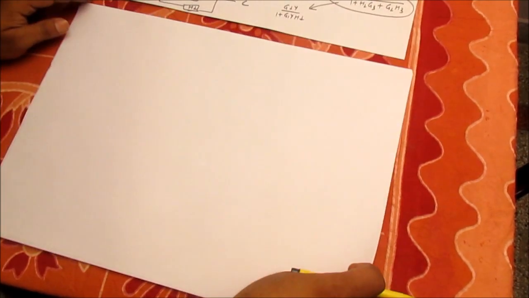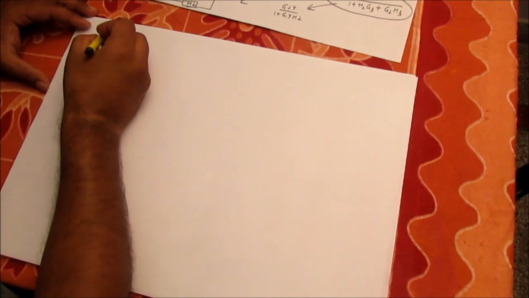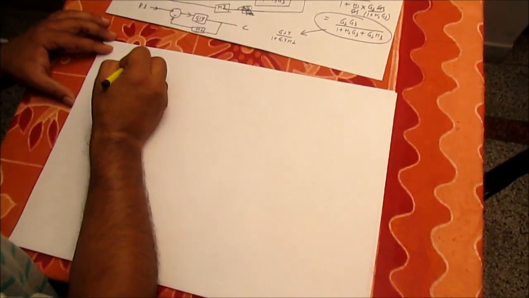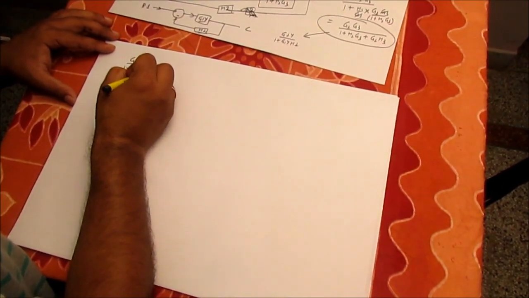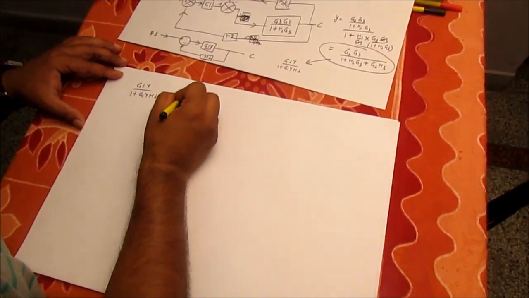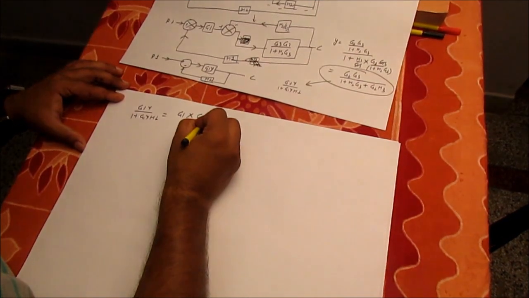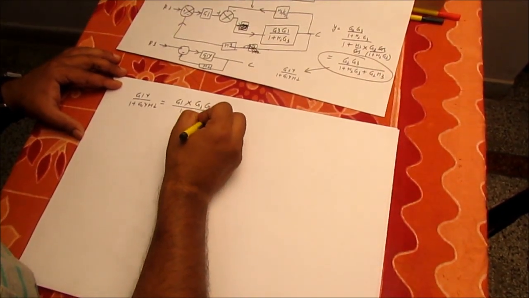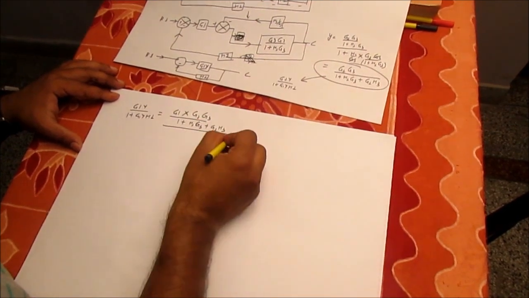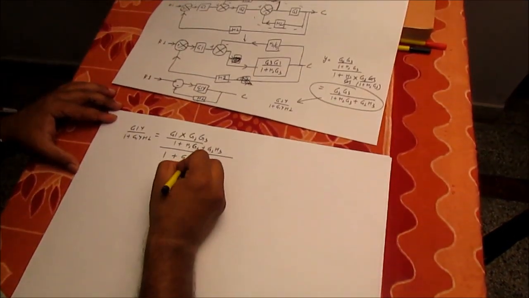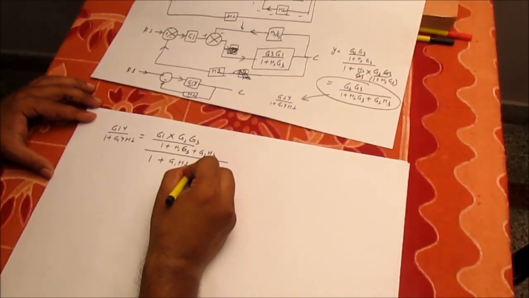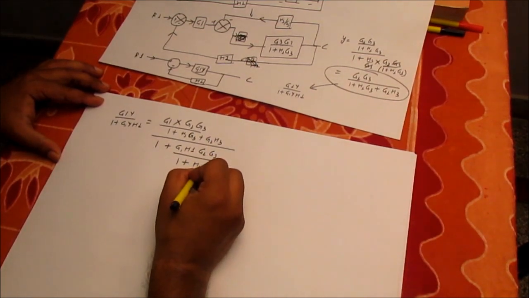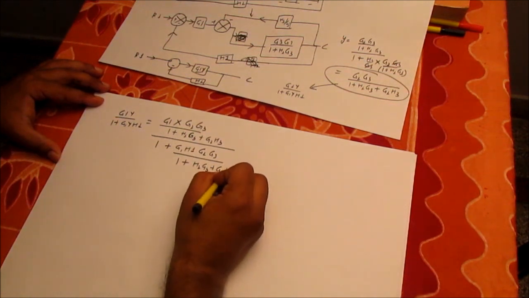So it will be G1 Y over 1 plus G1 Y H1, which is equal to G1 into Y. The value of Y is G2 G3 divided by 1 plus H2 G3 plus G2 H3, divided by 1 plus G1 H1 times the value of Y, which is G2 G3 divided by 1 plus H2 G3 plus G2 H3.